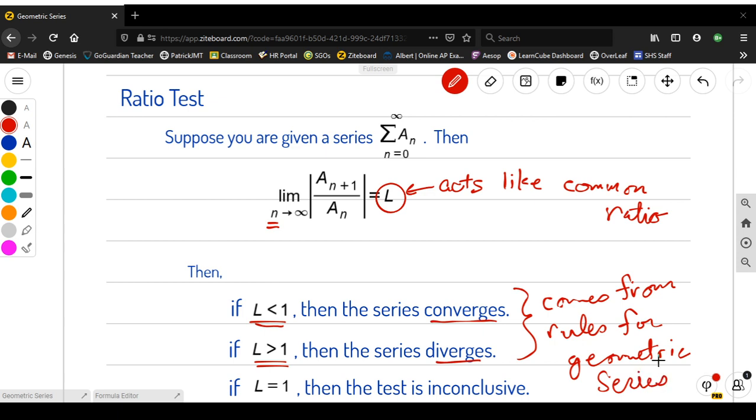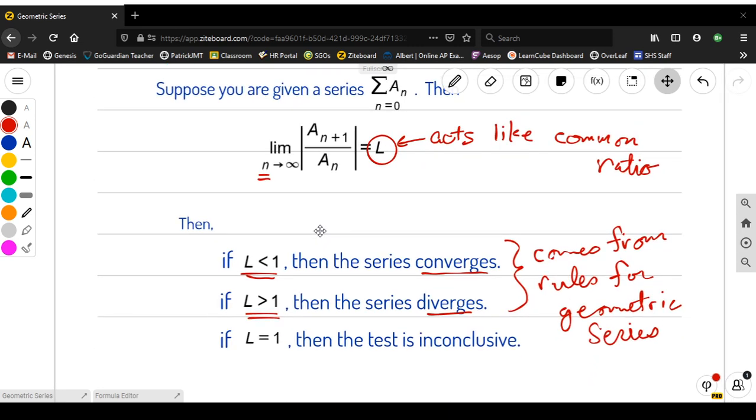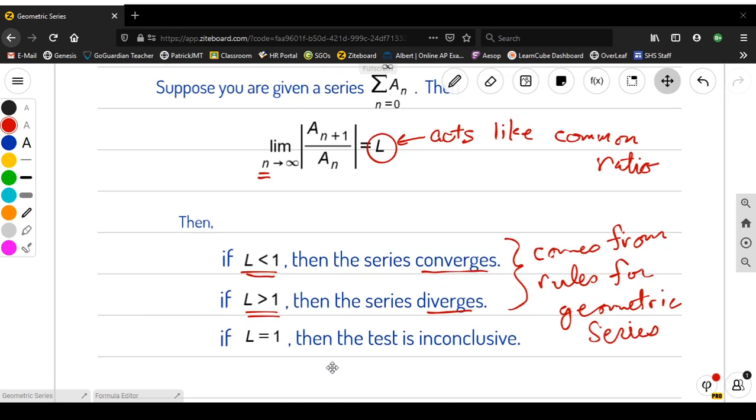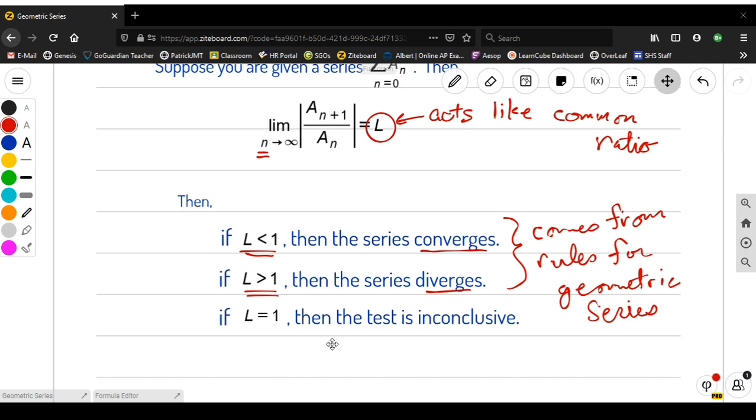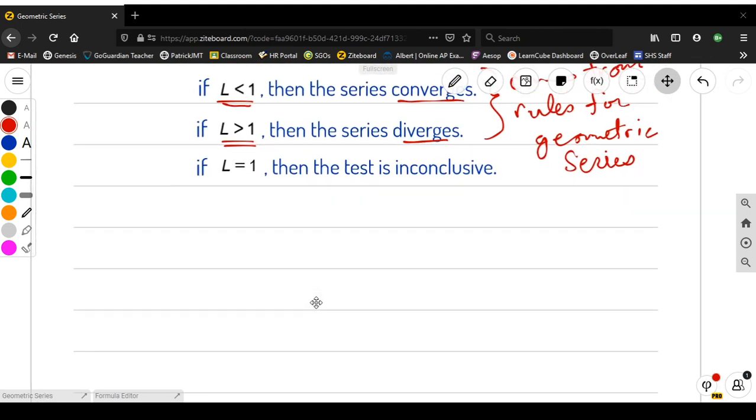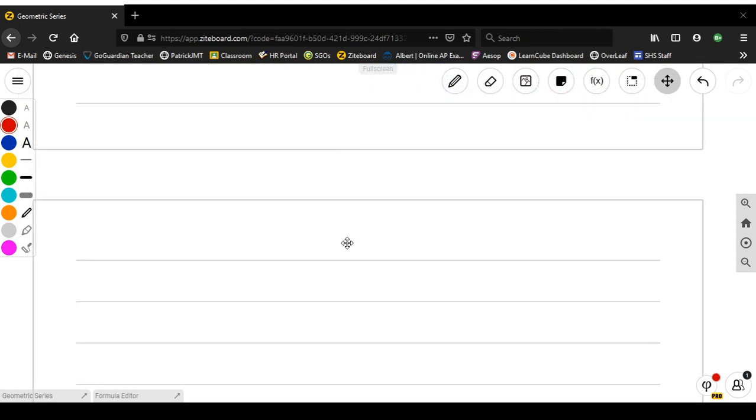Okay, so that's why it is. Basically, this ratio test is asking, does the series eventually look geometric and act geometric? Is there a common ratio, and is that common ratio less than 1?